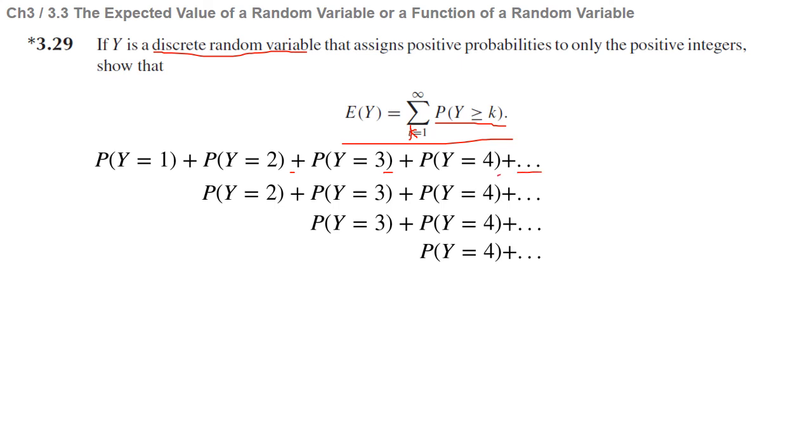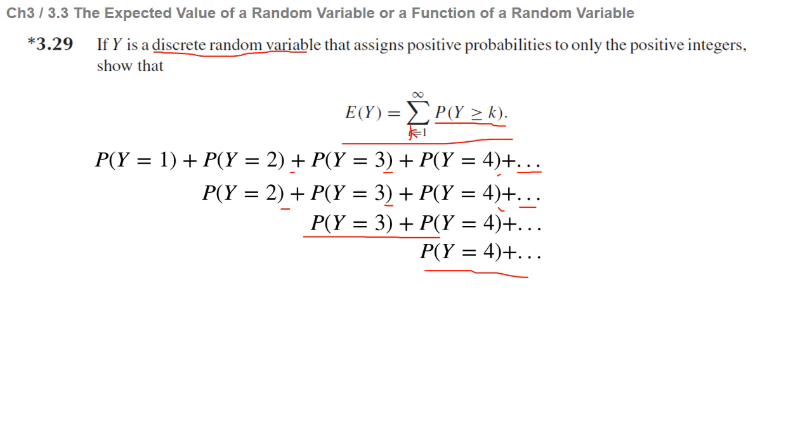And that's the situation when k equals 1. And what about k equals 2? That's probability of Y equals 2 plus probability of Y equals 3 plus probability of Y equals 4 plus dot dot dot. And what about when k equals 3? That's this line, and when k is 4 it is this line.